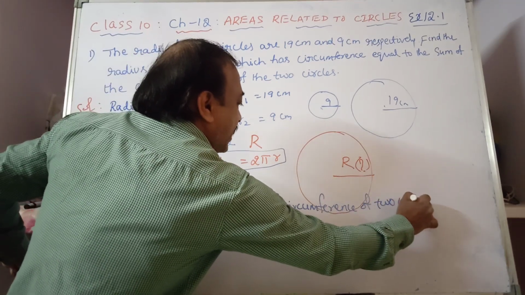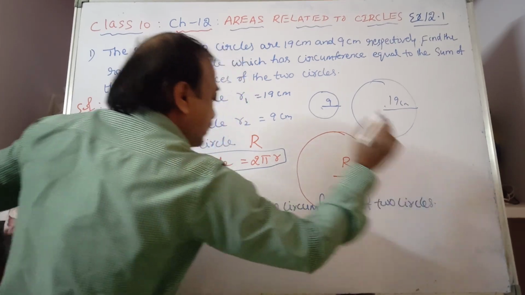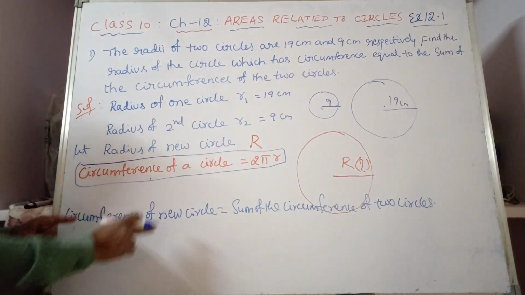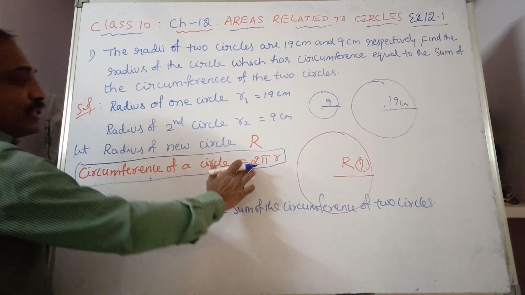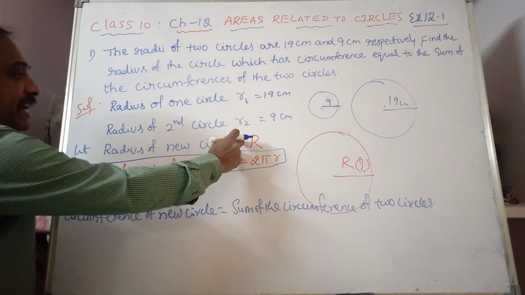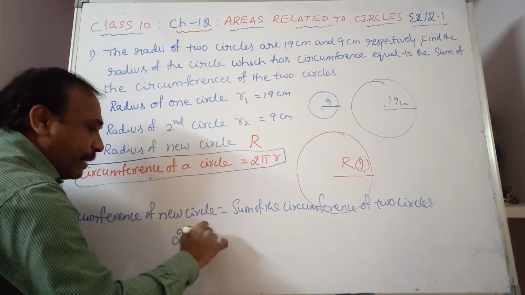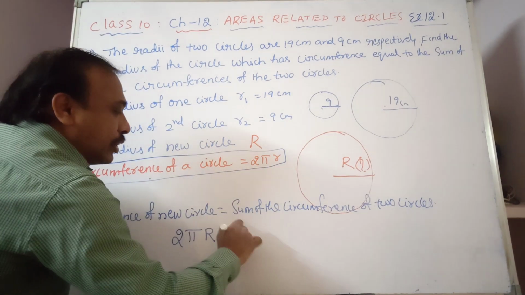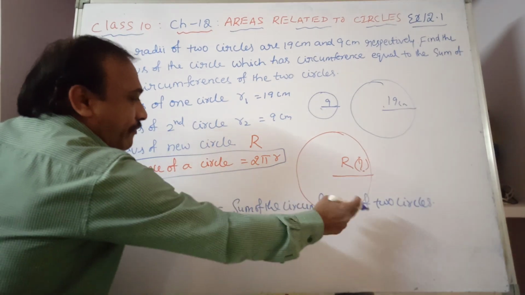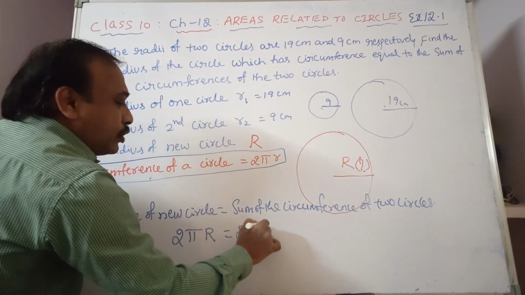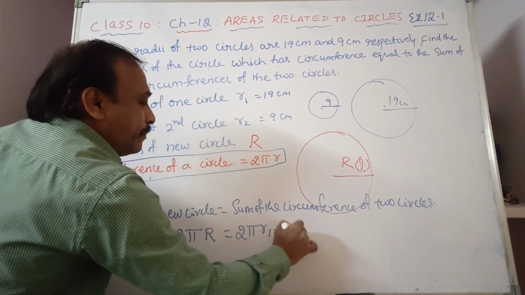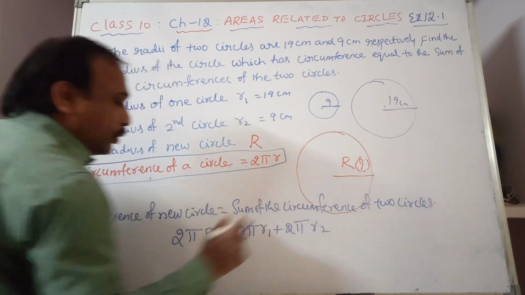Here the circumference of the bigger circle, the new circle, is 2 pi r by the formula, but the bigger circle's radius we are assuming as capital R. So 2 pi capital R is equal to the sum of the circumferences. The first circle is 2 pi r1 plus 2 pi r2.